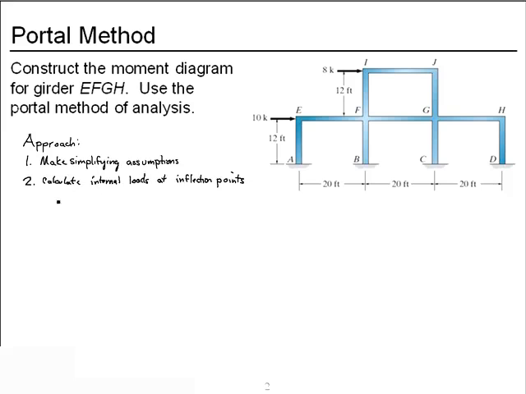We pick the inflection points because there's no moment at those places. Then we'll be able to calculate some more internal loads throughout the girder and construct the moment diagram.